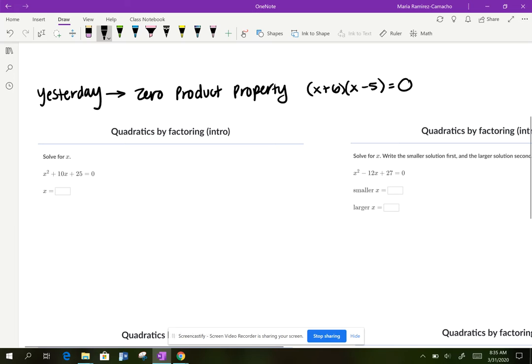And then to solve for x, you set each piece equal to 0, and you got two solutions for x just by solving those. Those worked because anytime you have two things multiplying to 0, one of those things has to be equal to 0. Well, this is what we're doing today, except they're not giving us an expression that's already factored. We have to factor it ourselves.